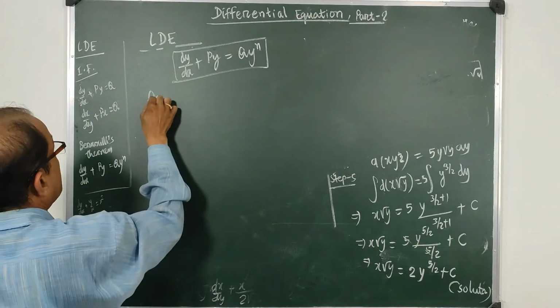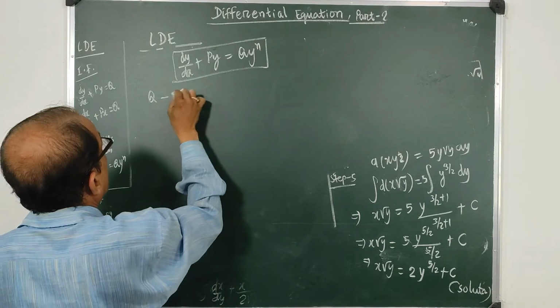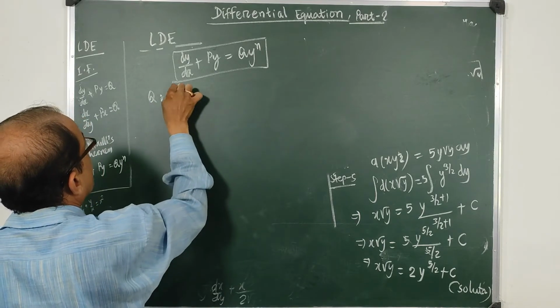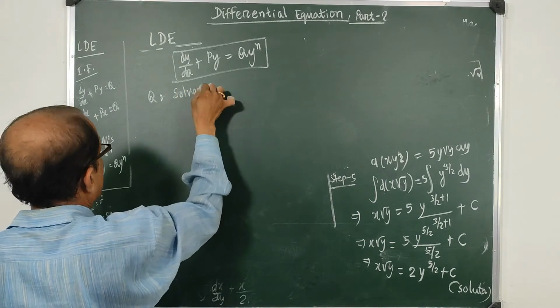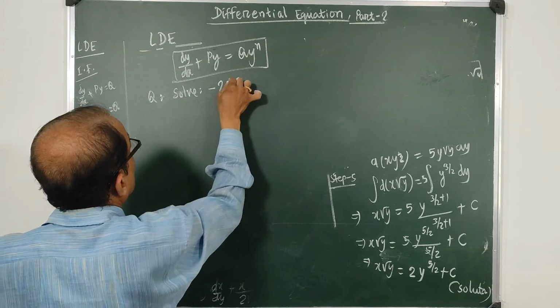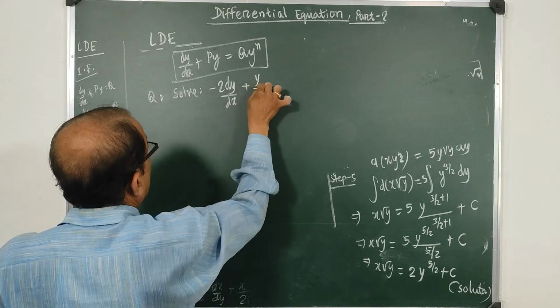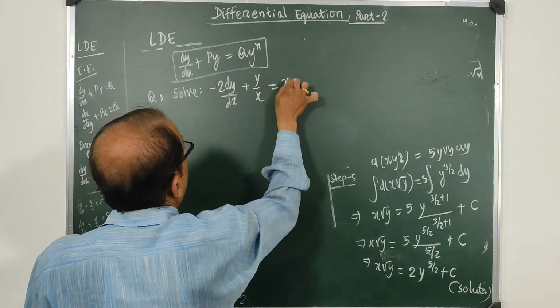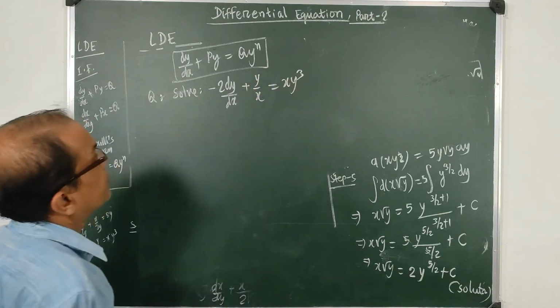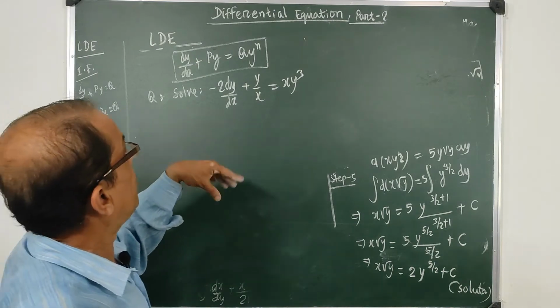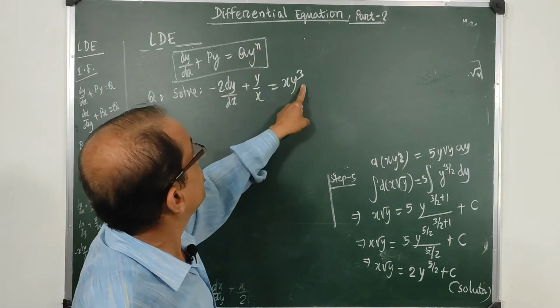Let the question be one like this. Solve 2 dy by dx plus y upon x is equal to x y cube. This is given. We have to find where is y to the power n. This one is y cube.